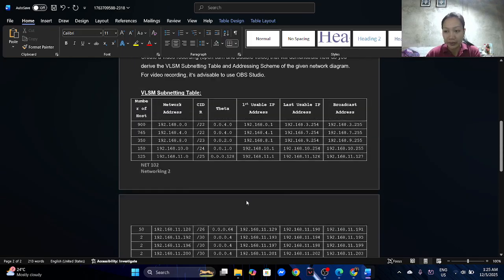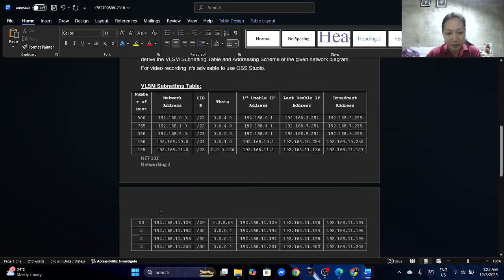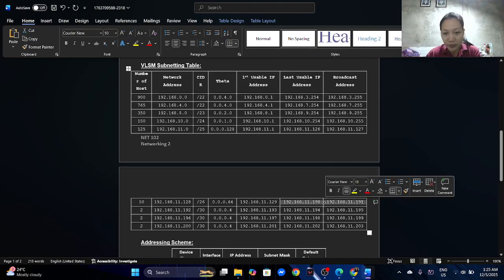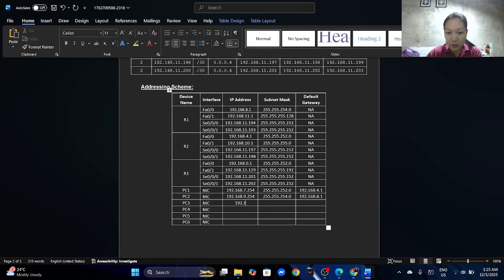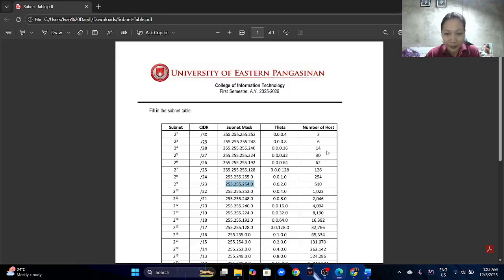PC3 is host 50. Host 50, the IP address would be the last usable, which is 192.168.11.190. And PC3 is host 50.